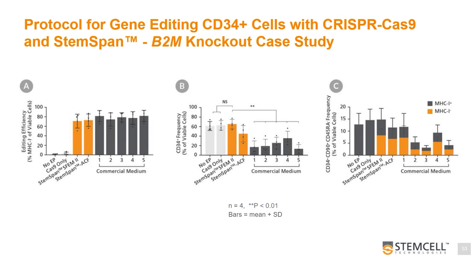However, StemSpan SFEM II media showed the most optimal maintenance of CD34 expression, as shown in figure B, and also expansion of a more primitive subset of HSPC phenotype after genome editing, as shown in figure 4C. So this indicates that StemSpan media provide an optimal media system to support CRISPR-Cas9 genome editing in CD34 cells.